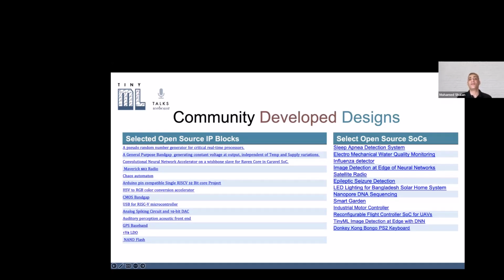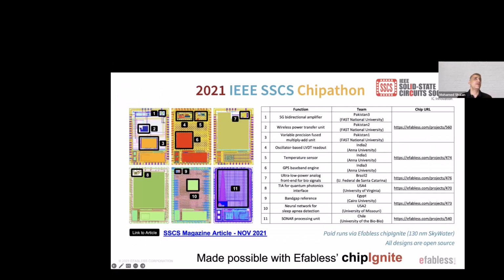These are examples of designs done by the community. And here, this is something that we did with the IEEE Solid State Circuits Society, when we ran the Chipathon together, where we invited IEEE student members from all over the world to compete by creating designs.